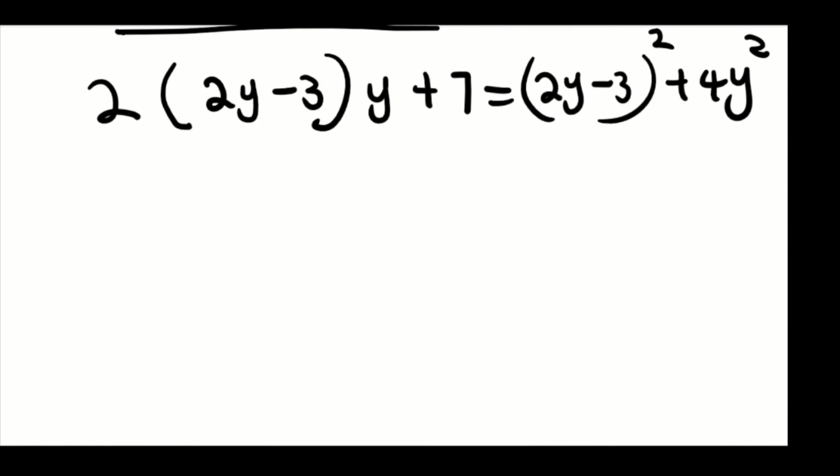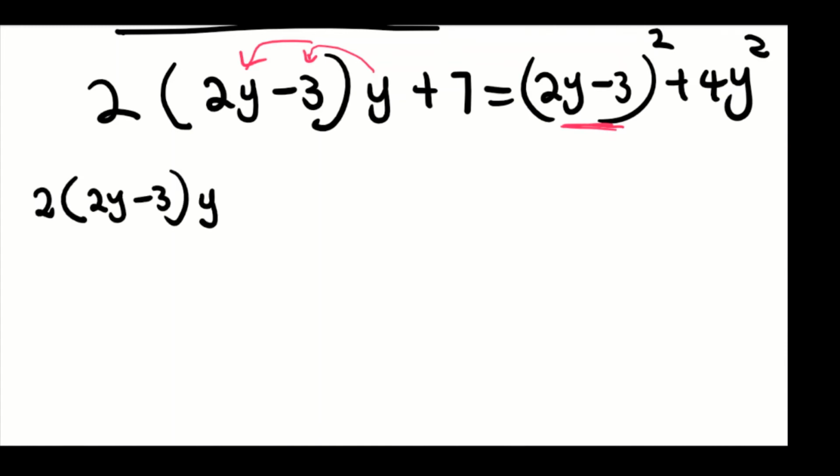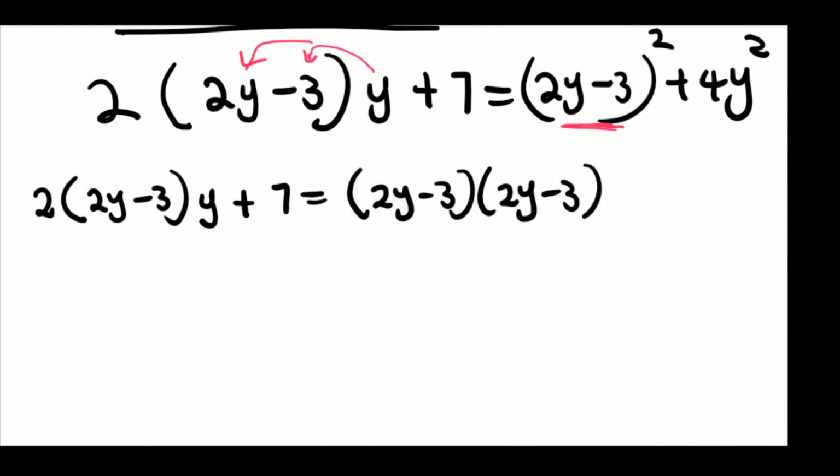So what we'll do here is multiply the y inside the bracket, and we're going to expand this expression here. So let's first expand this expression. So we're going to have 2(2y − 3) multiplied by (y + 7) equals (2y − 3)(2y − 3) + 4y².